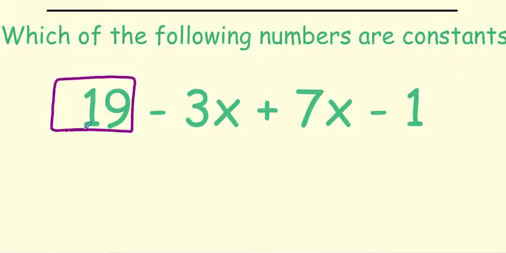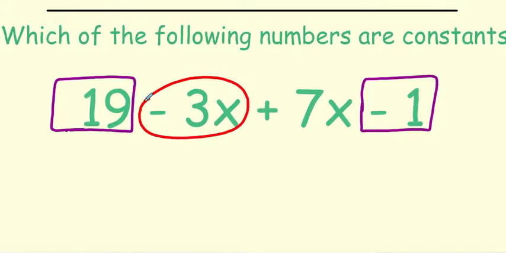So I'm going to group this 19 in a box, and then I'm also going to group the negative 1 in a box because those two go together. They don't have any common variables. I then am also going to group together the 3x, which happens to be negative, and the 7x, which happens to be negative.